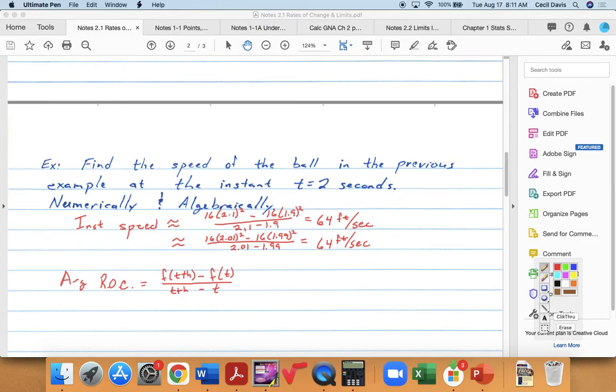We know the function. We know the time. We want t to be 2. What do we want h to be?